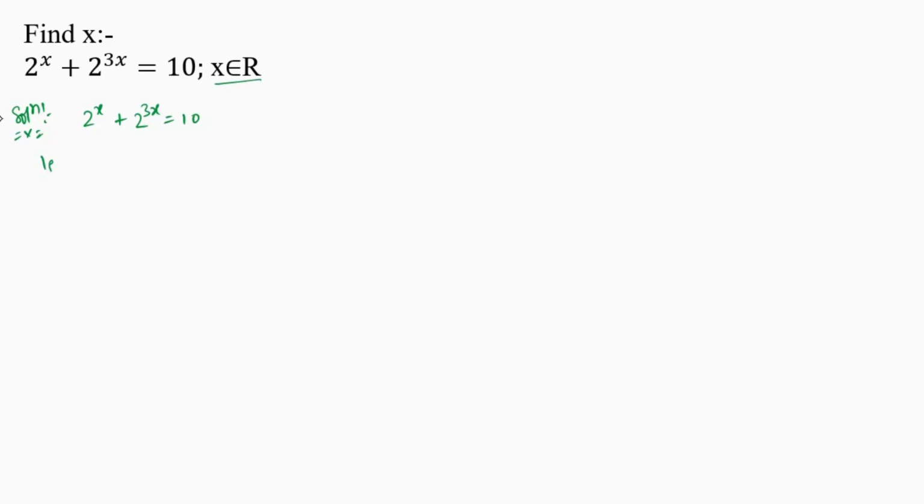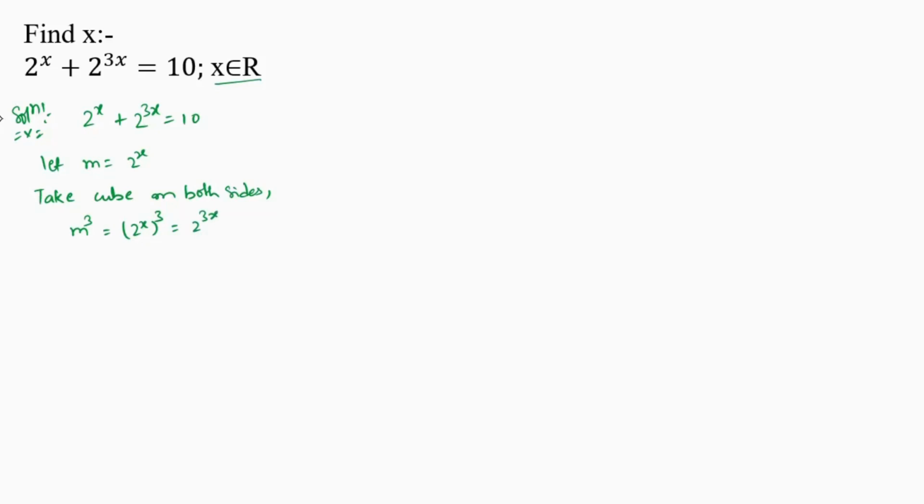So let m equal to 2 raised to power x, take cube on both sides. We get m cube equals 2 raised to power x bracket 3, which will become 2 raised to power 3x.